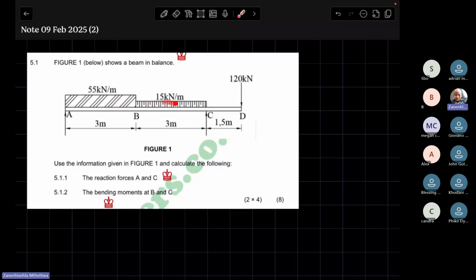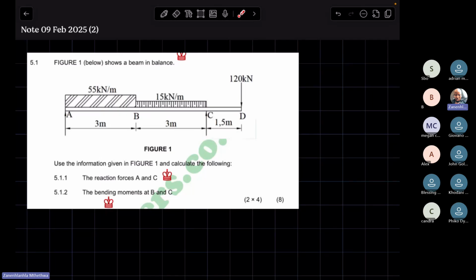Now with UDLs, because you are not able to use the UDL exactly as it is, you always have to resolve it into its weight. The weight of the UDL we express in terms of a point load, and a point load we are able to use in applying conditions of equilibrium. Remember that with applying conditions of equilibrium, the vectors that you use must be parallel to each other.